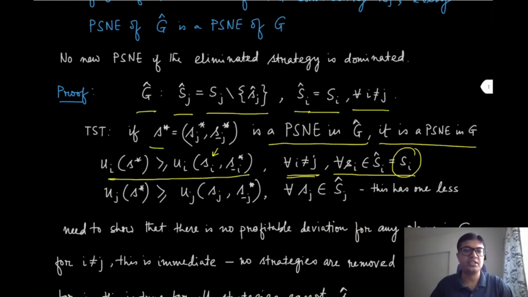Their strategy sets did not change. For player J, we can write the similar inequality, but this is a little smaller set. It has one strategy less than the original game.